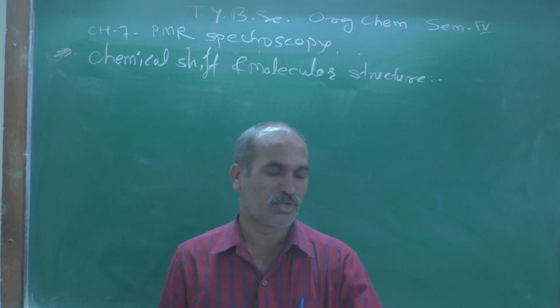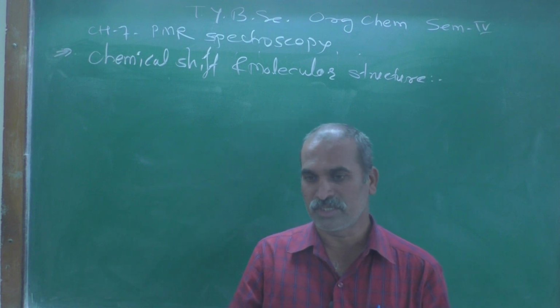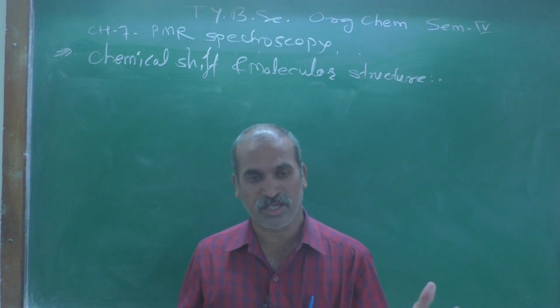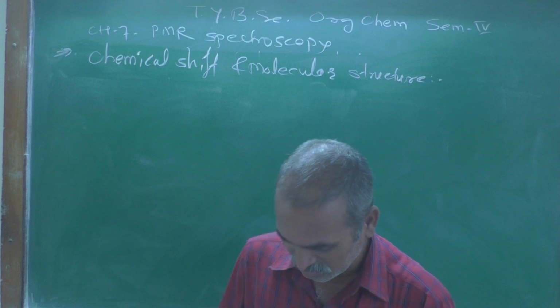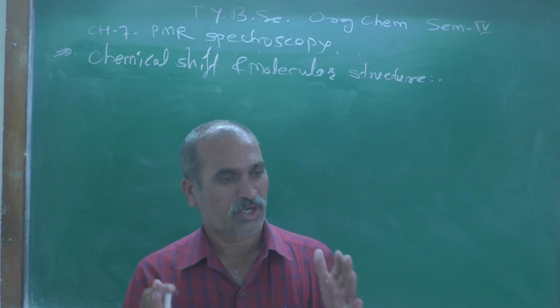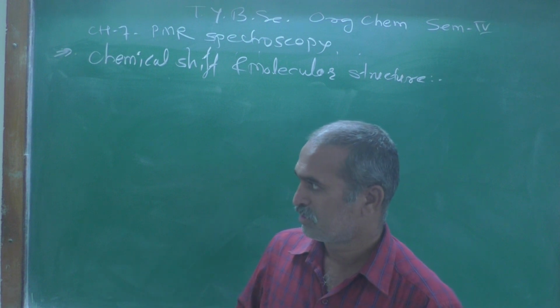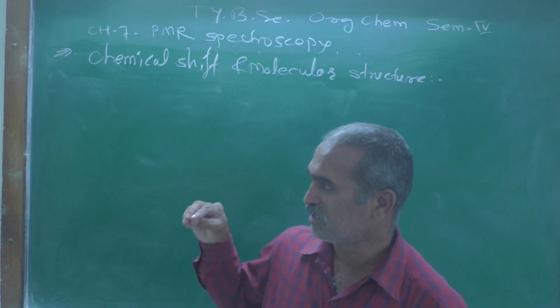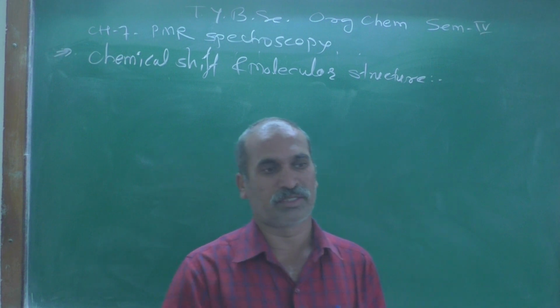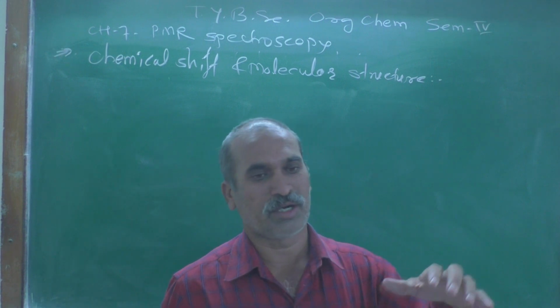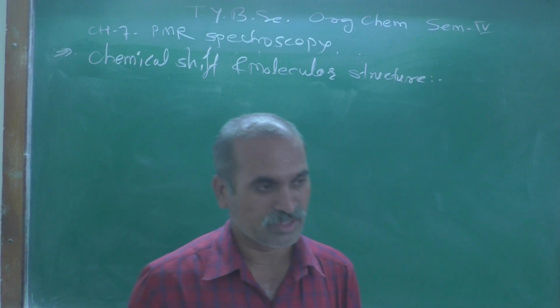What is the symbol to denote it, how is it measured, and what type of information do we get from it? How did the organic chemist understand the structure of an organic compound by knowing the approximate values of the proton?